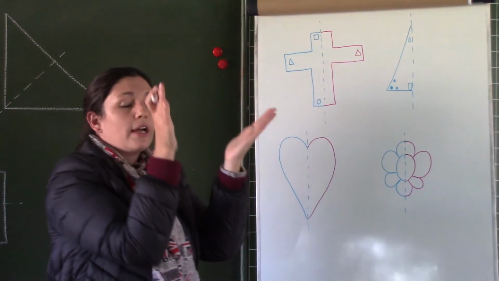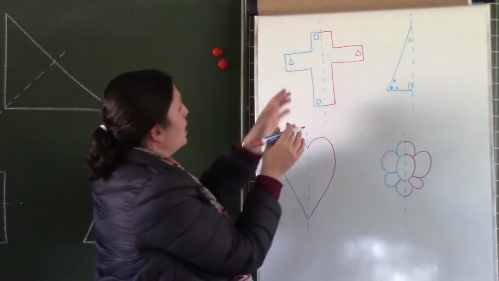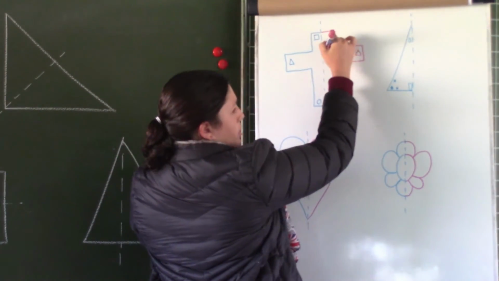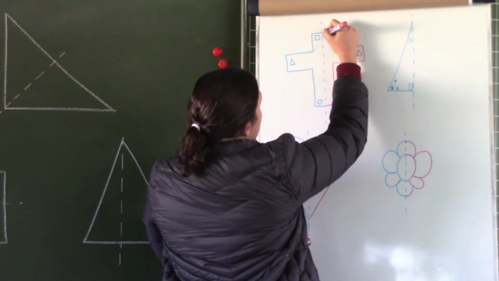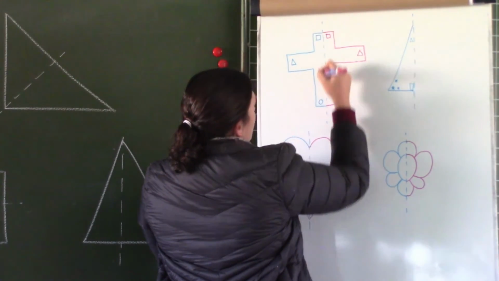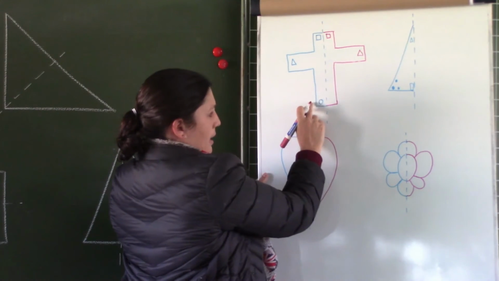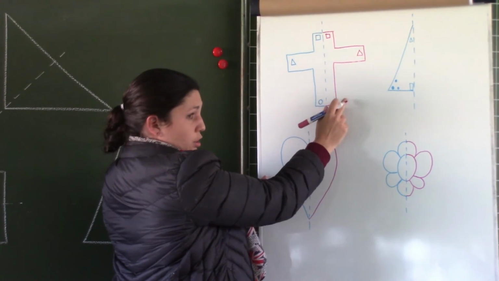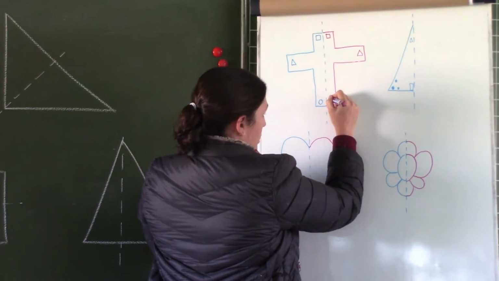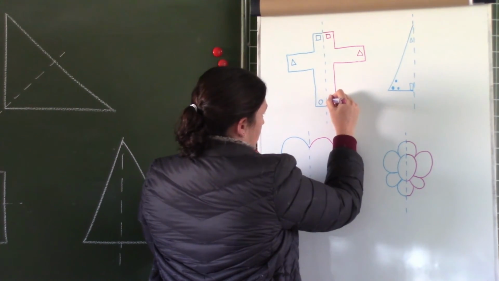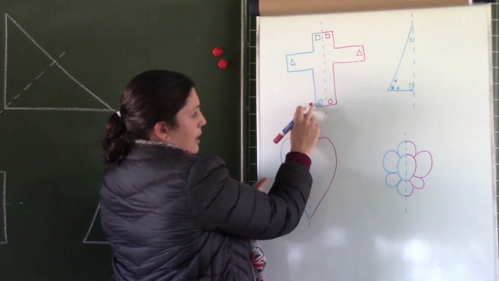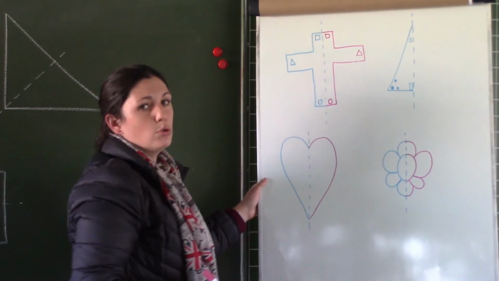Try to imagine you actually folding the shape over. So likewise, this square is not going to be down here somewhere, it's going to be up there. And the circle is not touching the edge on this side, so it can't touch the edge on that side. And it's not touching the bottom either. There's a nice gap on each side of it, so you have to do the gap there too.